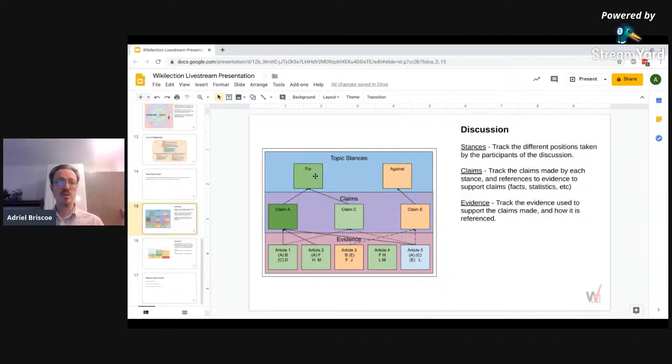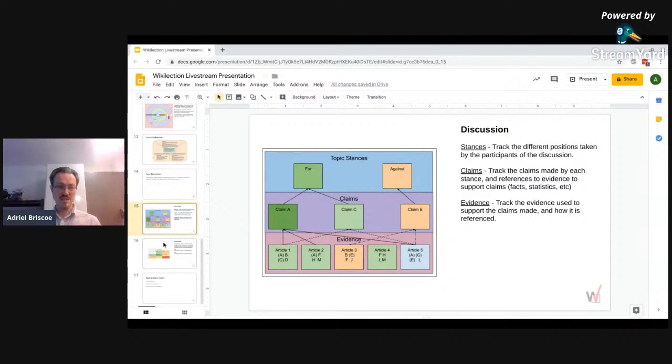The end goal is to see, for the claims supporting these different stances, which stance has the best ratio of accurate claims with evidence, and that after the community goes through and reviews all of the evidence, it says which claims are, as far as we know right now, the most accurate, and which stance has the most good claims and the least inaccurate or bad claims.